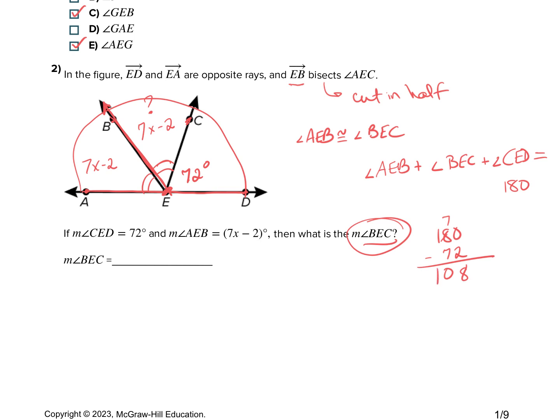So what that means is that the two remaining angles add up to a total of 108 degrees, because I have the 72 degree angle here. Now, if they are both congruent and clearly the same measure, I want to split that evenly between the two angles. So to do that, I can just divide 108 by 2 to get 54.